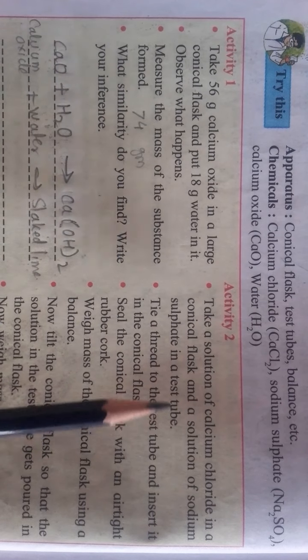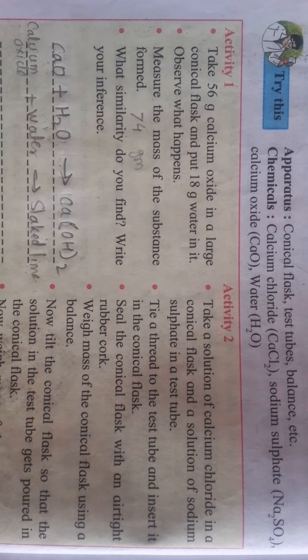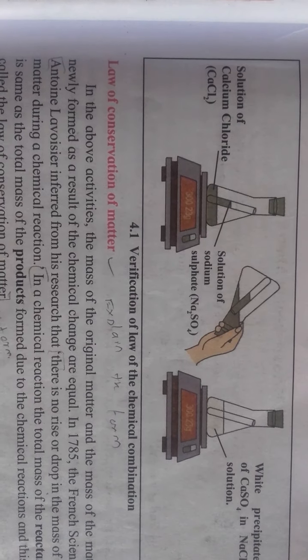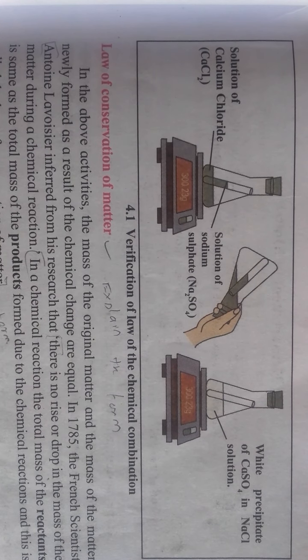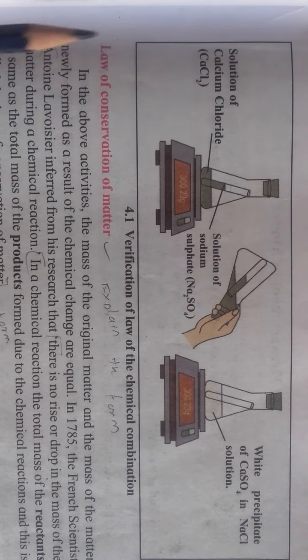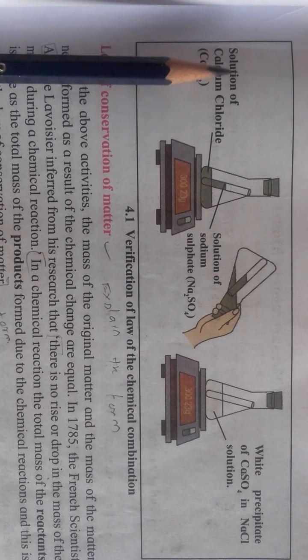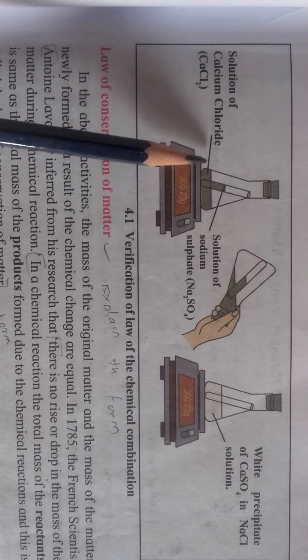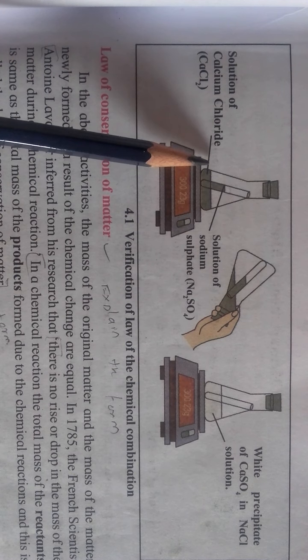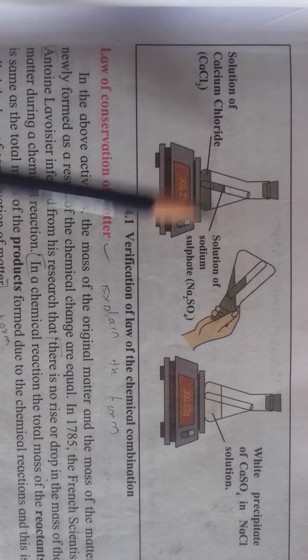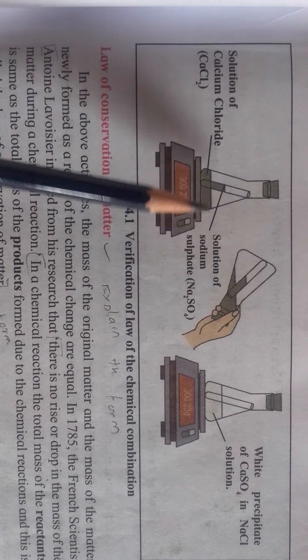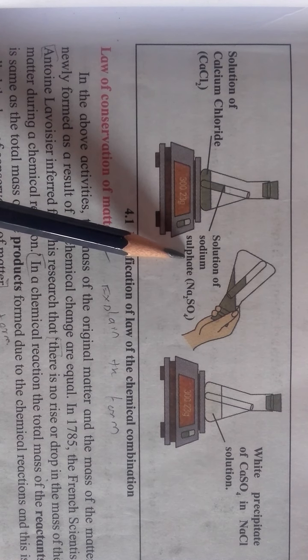Similarly, the activity 2 we are going to do, and here a diagrammatic explanation is given. Let us see the activity 2. Take a solution of calcium chloride. See, in a conical flask, we have to take solution of calcium chloride. And in the test tube, we have to take solution of sodium sulfate.